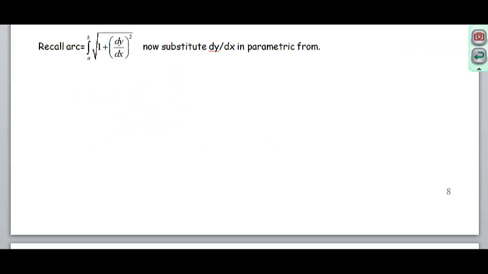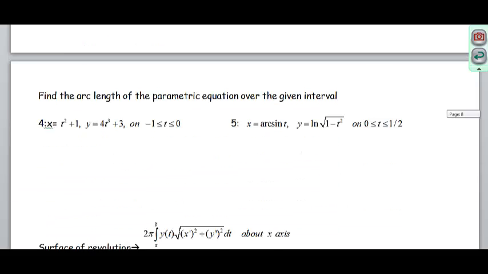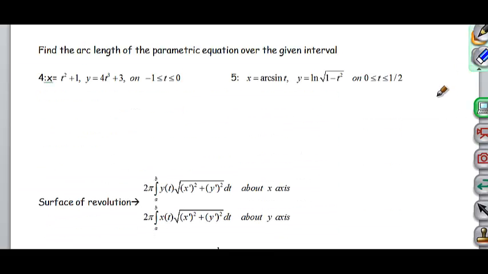Alright, well, let's try to apply that arc length formula. It's one of the easiest things that we'll do. So we have an interval from -1 to 0. Square root of the change in x.